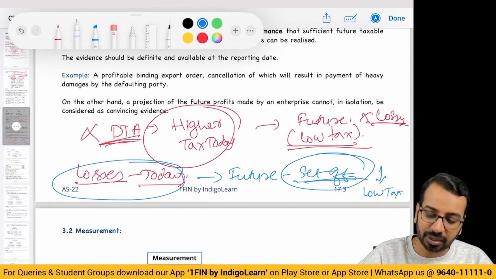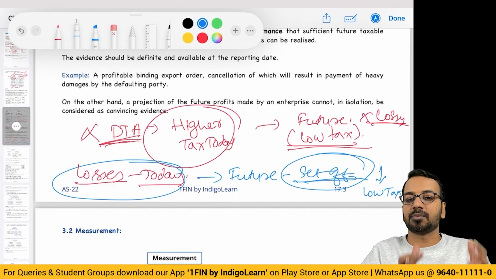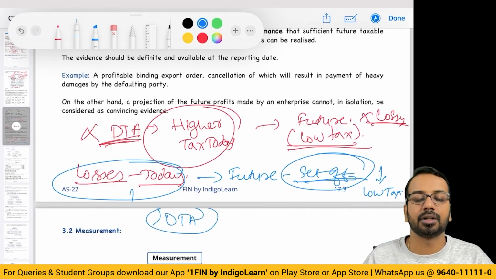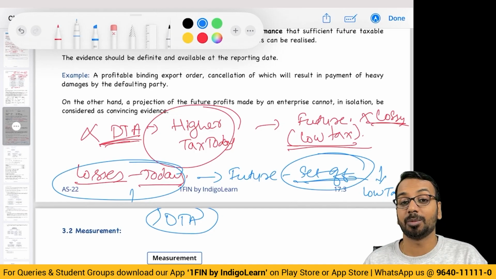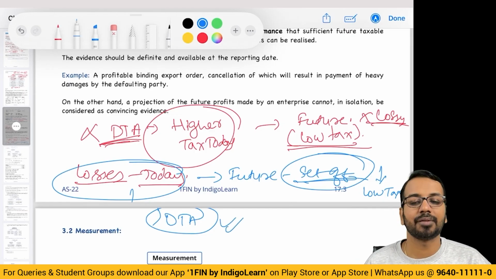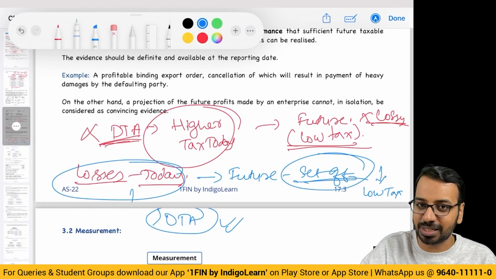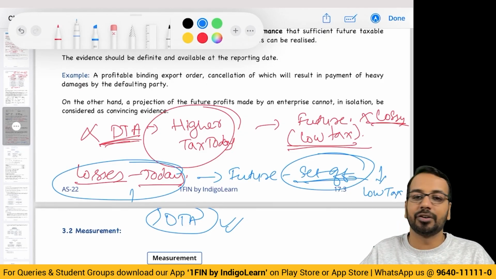So the accumulated losses which you have today also result in creation of deferred tax asset. But one thing you have to keep in mind is, even though there is a deferred tax asset on these losses, if in future also I am expected to incur only losses and losses and losses, I should not be recognizing deferred tax asset.